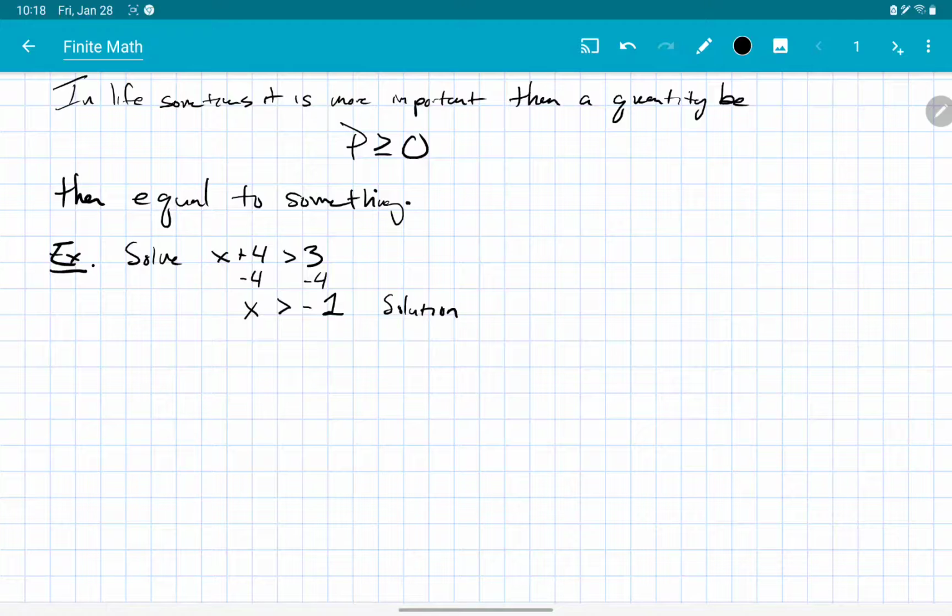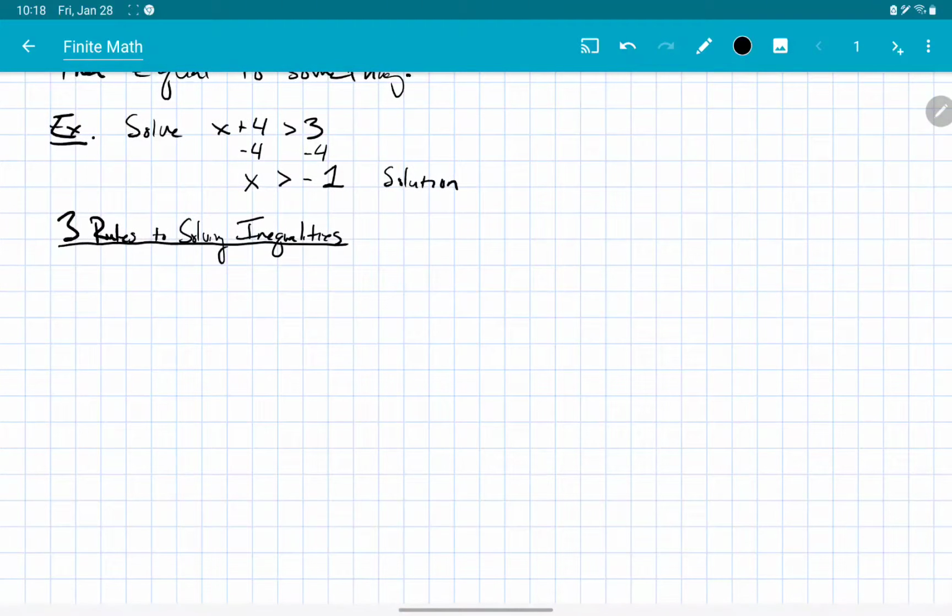Now, there are 3 rules to solving inequalities. And they're very similar to the rules for solving equalities, except for the third one. The first one is if A is a bigger number than B, then if we add C to A, it's still bigger than if we add C to B as well.